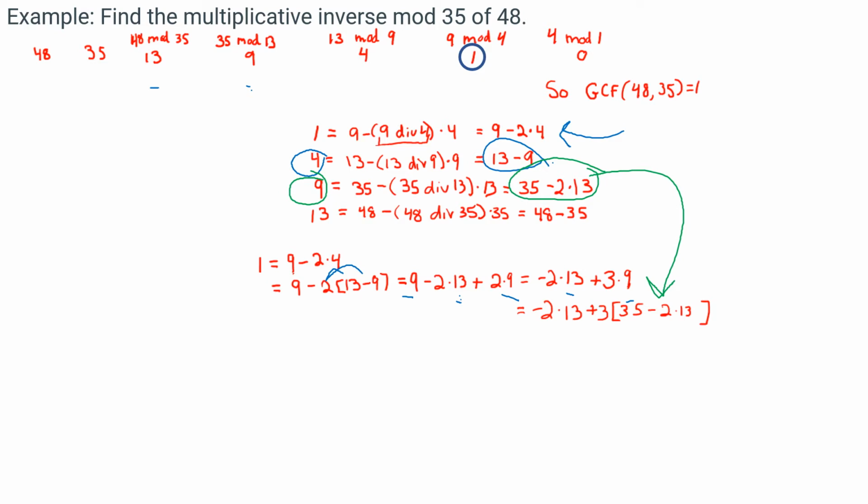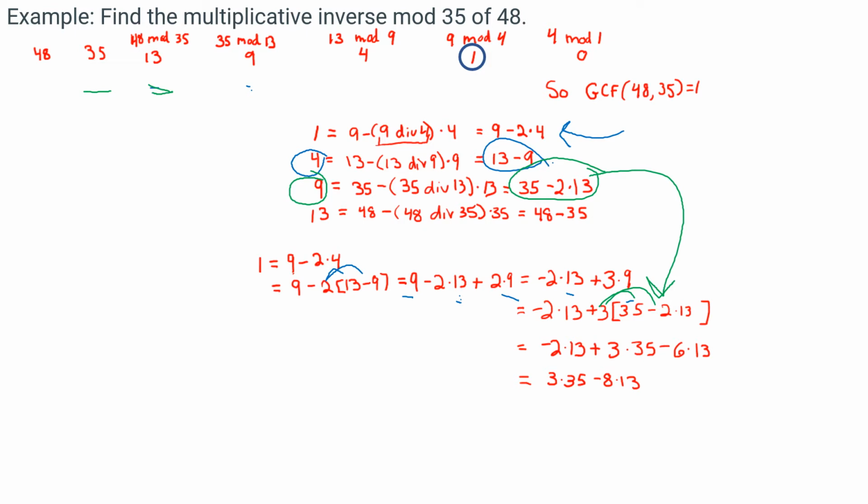Now we'll do the distributive property here so that we end up with 3 times 35 and a negative 6 times 13. And now combine our 13s. So we have negative 2 13s and then minus 6 13s, so that's a negative 8 of the 13s, and 3 of the 35s still. Now we have 1 written as a combination of the 35 and the 13.